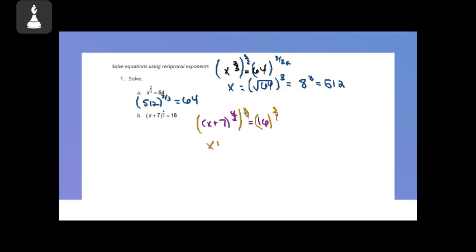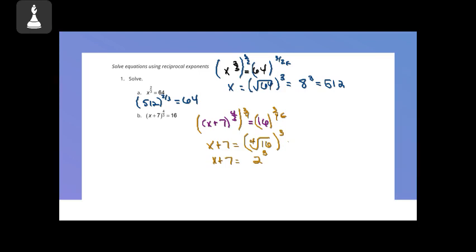And now on the right-hand side, this is the 4th root of the number cubed. So the 4th root of 16, and then I want to cube that. Well, the 4th root of 16 is 2. So that becomes x plus 7 equals 2 cubed, and 2 cubed is 8. So x plus 7 equals 8.